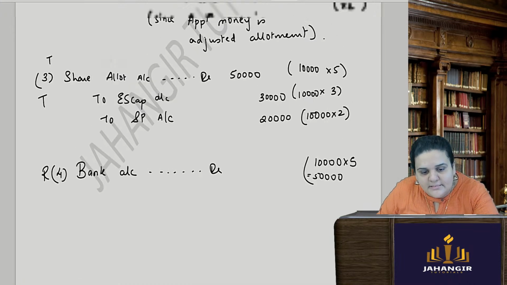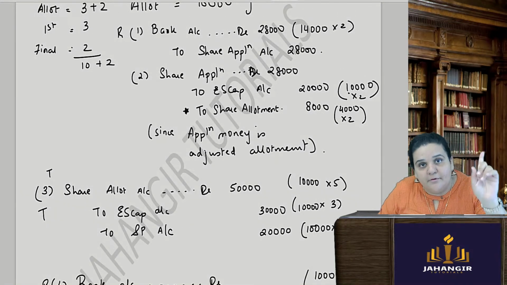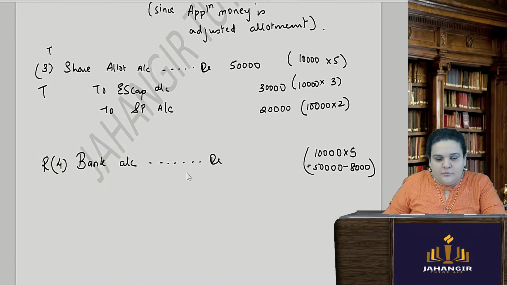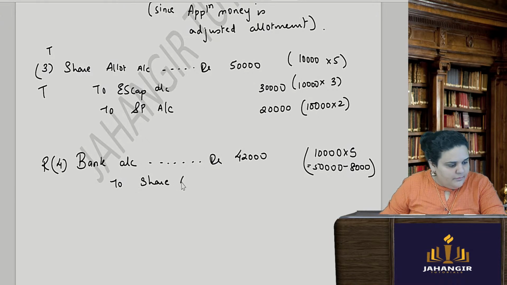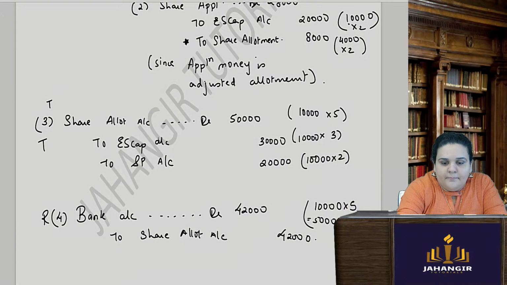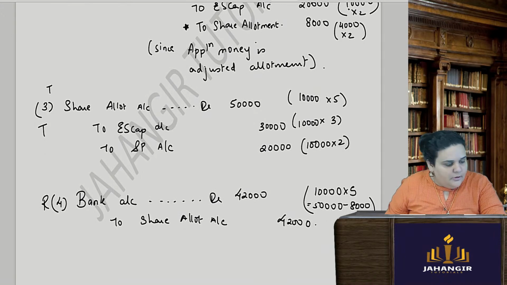But I have already received an additional 8,000 at the time of application, so I am not going to receive that. I have adjusted it. So it will become 42,000, to share allotment account 42,000.